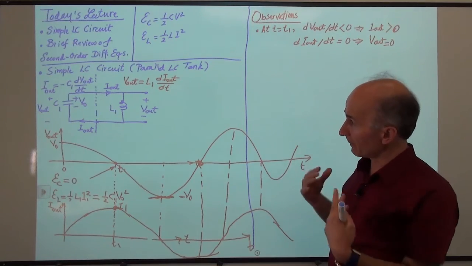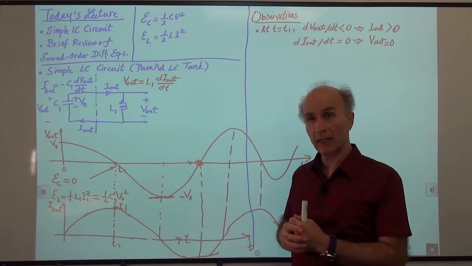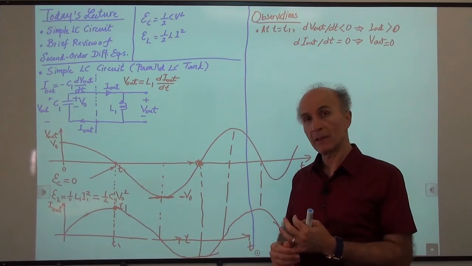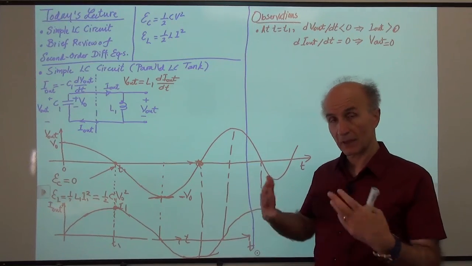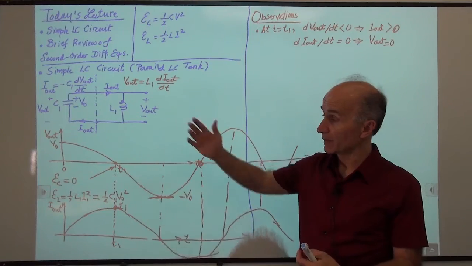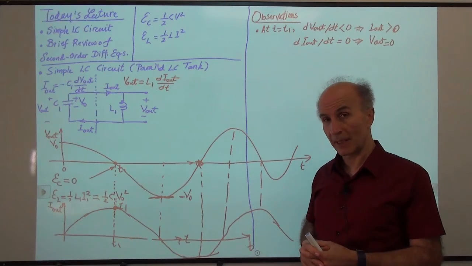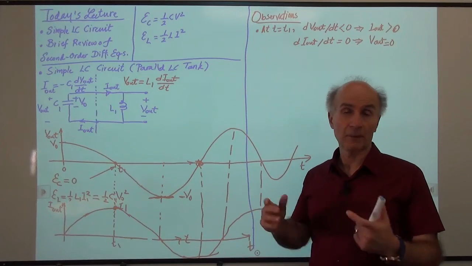Okay, so if we take a step back and look at what we have here, this is not something that we could create using only RC or RL circuits. This periodic, oscillatory behavior is unique and is provided by this capacitor-inductor combination. And that's extremely useful. We use this in oscillator design and in many other applications.